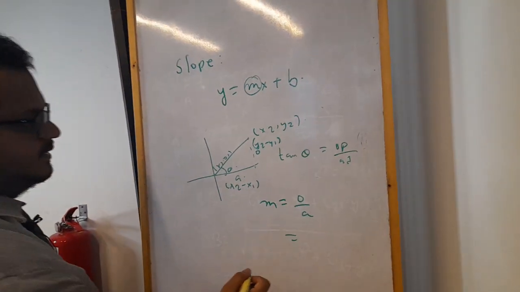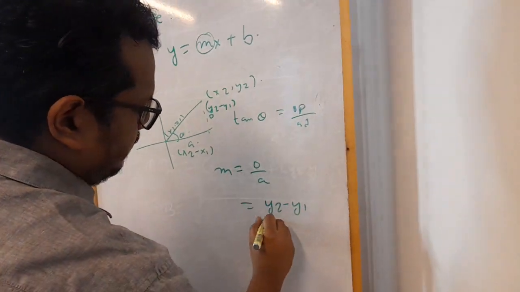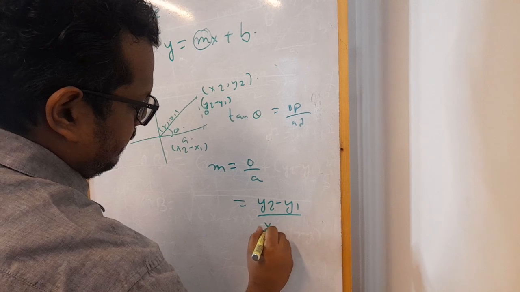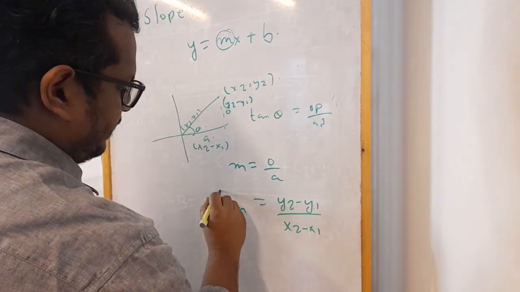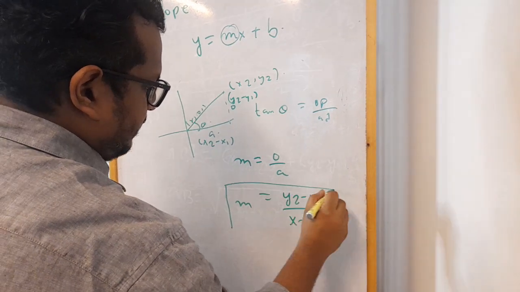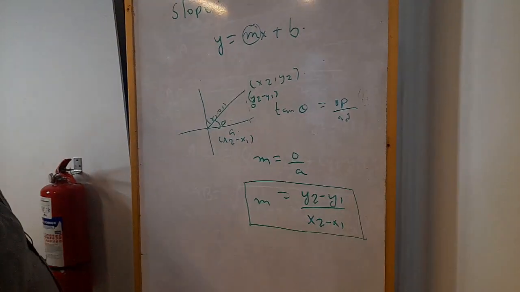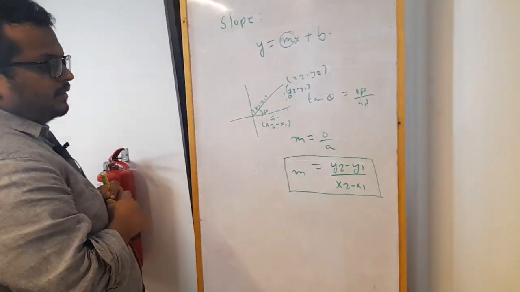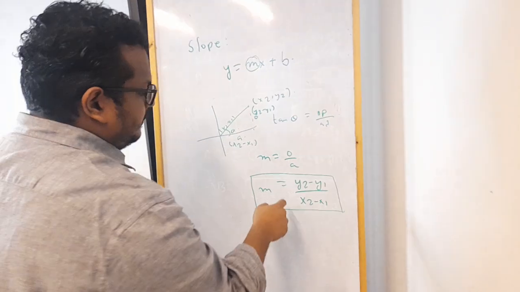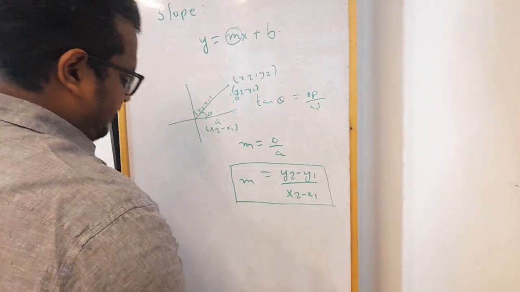So slope would basically be (y2 minus y1) divided by (x2 minus x1). So this is the equation to find the slope of a straight line. I'm going to be teaching in detail about slope in another video, but for now just remember the slope is the difference in the y-axis divided by the difference in the x-axis.